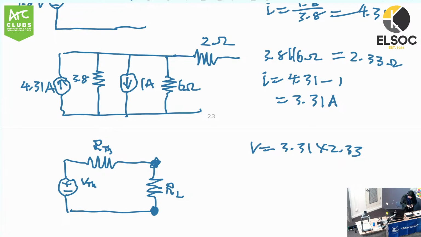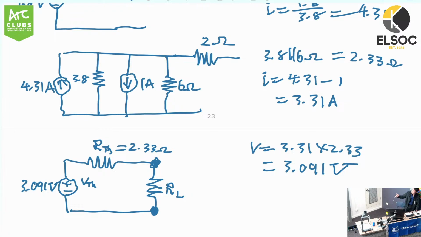So this should give us, and RTH will be equal to our resistor calculated previously. Yep, and this is the Thevenin equivalent circuit because we have simplified everything till it's in this form.